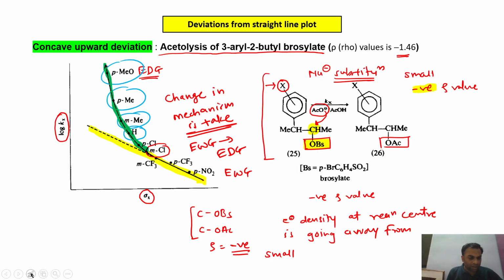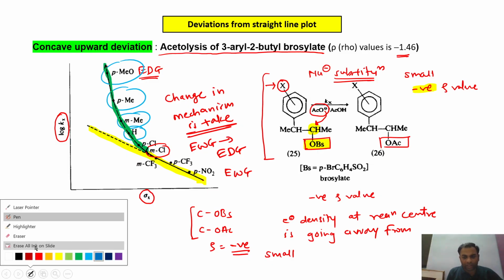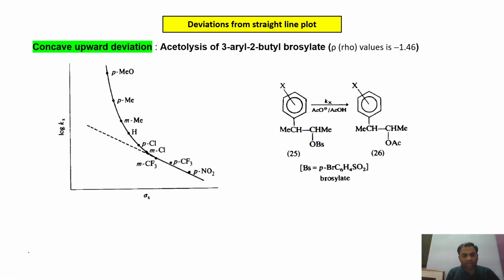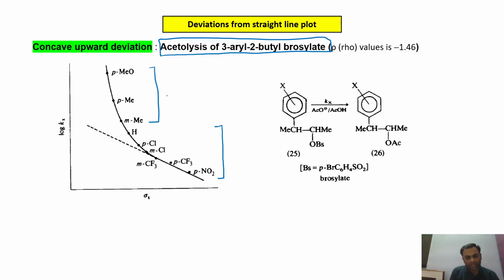So this is all about the concave upward deviation, shown by the acetolysis of 3-aryl-2-butyl brosylate. Again, we can state that whenever there is a concave upward deviation, it indicates a change in the mechanism of the reaction.